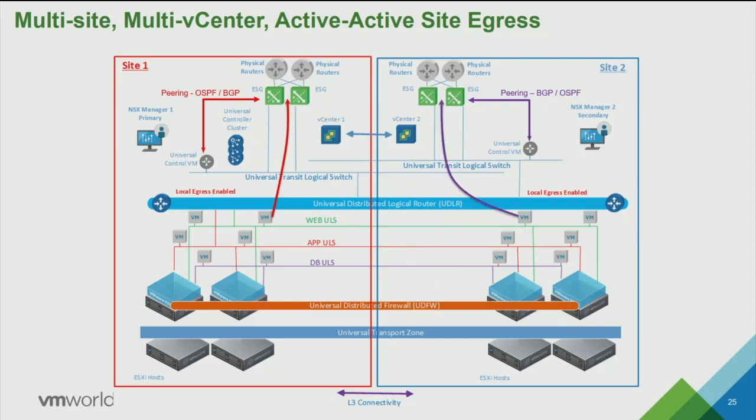Now, I will say between the first model I showed you and this model, the first model is actually more common, and there are several reasons for that. First of all, people deploying this type of advanced solution pretty much have a good DCI: high bandwidth, low latency, pretty good resiliency.